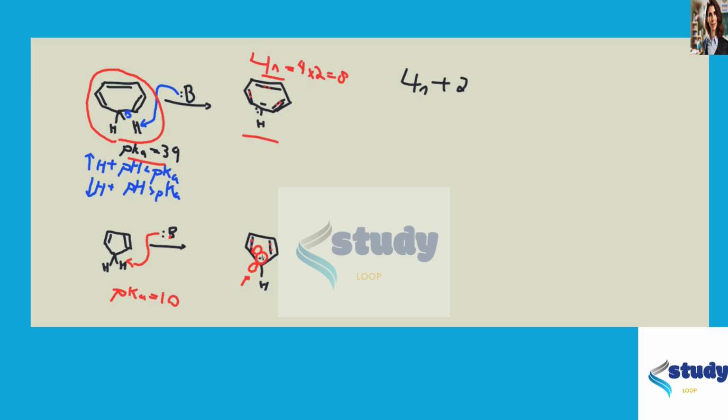Because of that, we have 6 pi electrons in the conjugate base, and now that actually follows the 4n plus 2 rule where n equals 1. So we have 4 times 1 plus 2 equals 6. So now our conjugate base is aromatic, and not only that, it's fully conjugated. So this is a very stable anionic conjugate base.